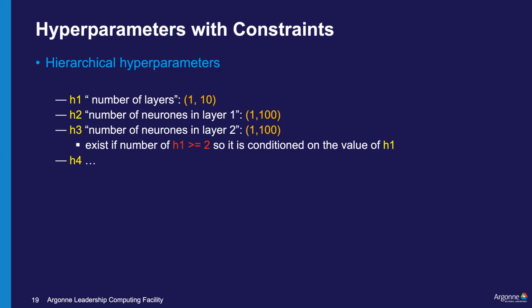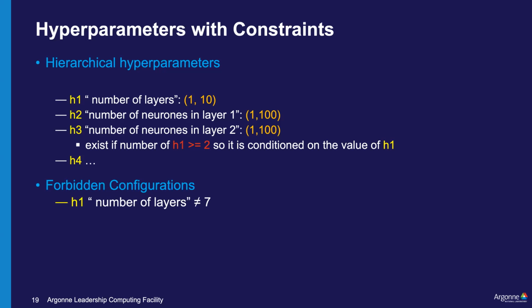But for the number of neurons in layer 2 and afterward, you will have conditions. These hyperparameters exist or are valid only if H1 has a value superior or equal to 2, for example. Therefore, the existence of H3 is based on the value of H1, and we call these hierarchical hyperparameters.